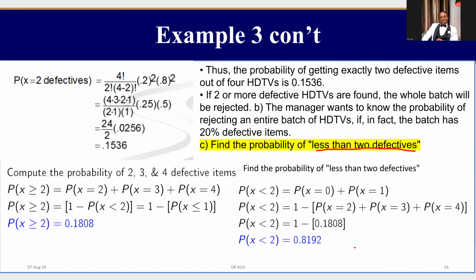Now here, we are not subtracting because we want them themselves. And that gives you 81.92%, which is the opposite of 18.09%. So first we looked at 2 or more defectives, and now we looked at less than 2 defectives.